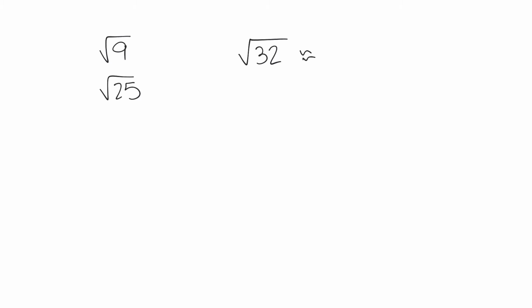I can estimate that to be in the 5.5 or maybe 6 range, because the square root of 25 is 5, and the square root of 36 is 6, and 32 falls somewhere in between. So I'm going to say it's 5.6. Doesn't matter. That's an estimate.